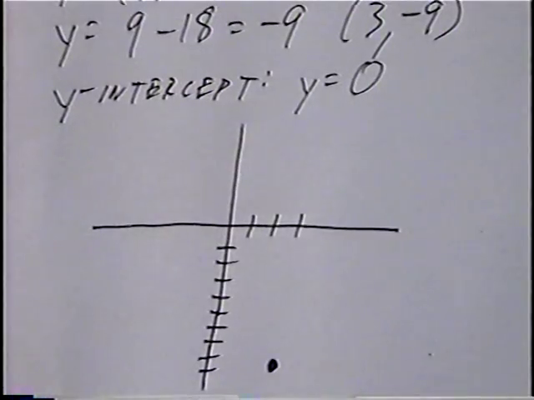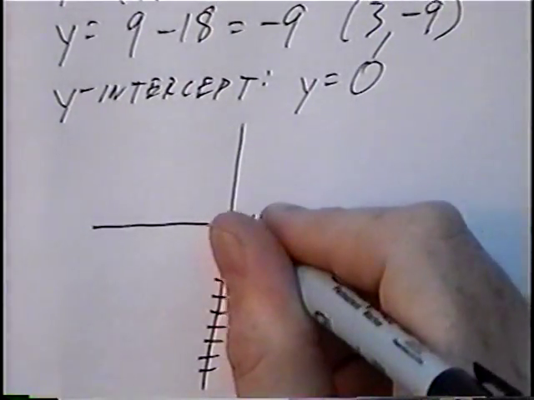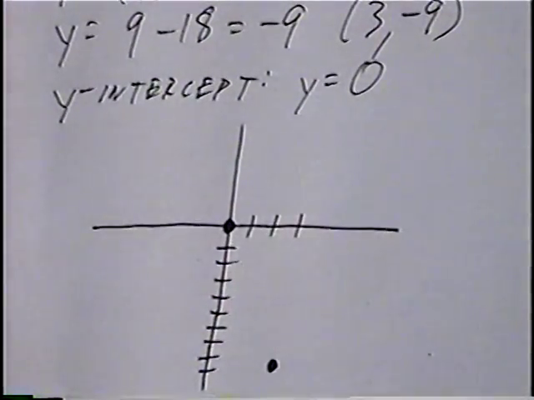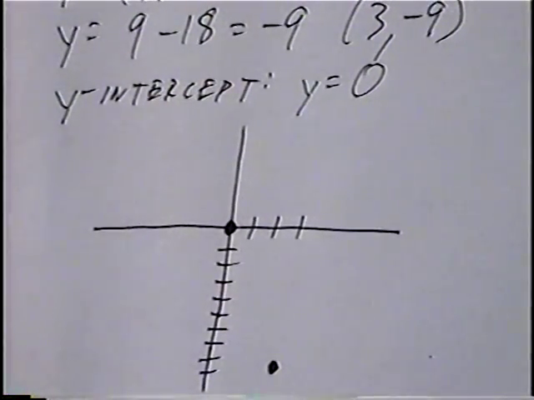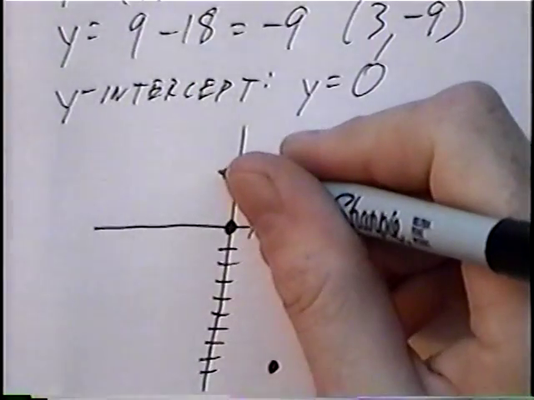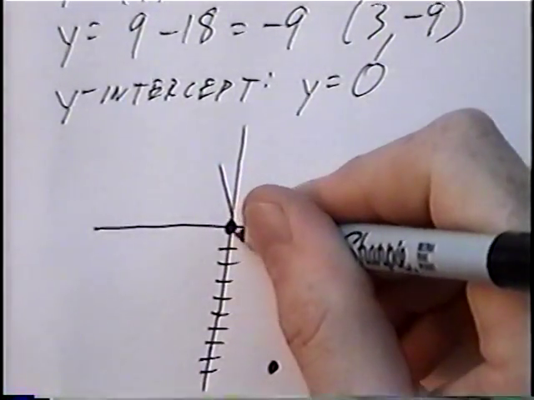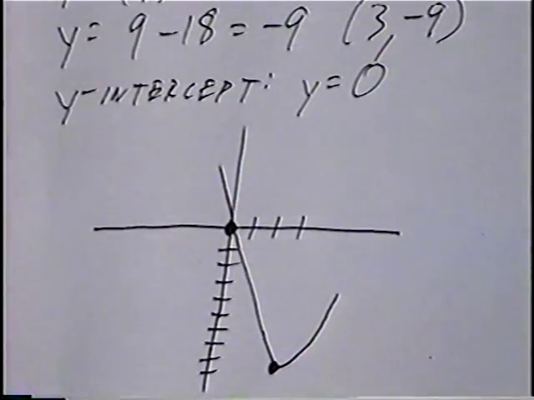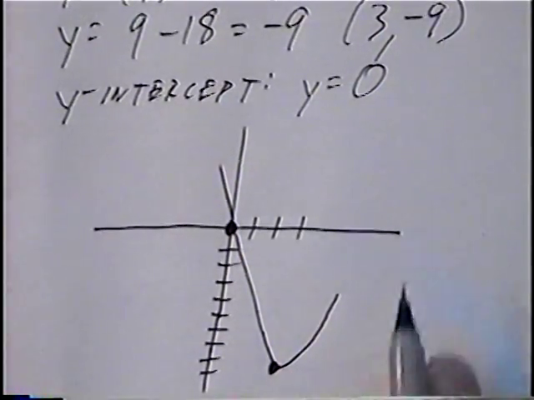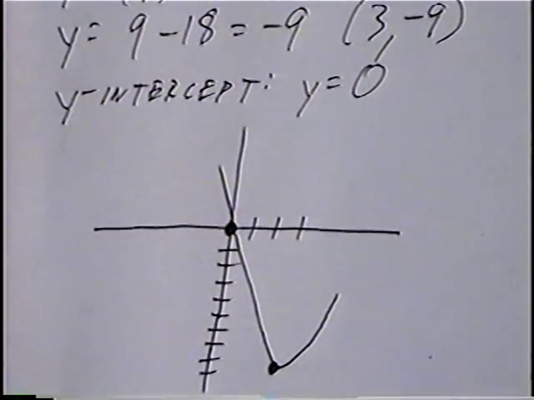The y-intercept is at 0. And the parabola opens up, since we had a positive x squared. So sketching the parabola, we can go through the y-intercept, through the vertex, and the graph will turn back around. We're not sure exactly where it crosses yet, so we'll stop the graph right there for now.